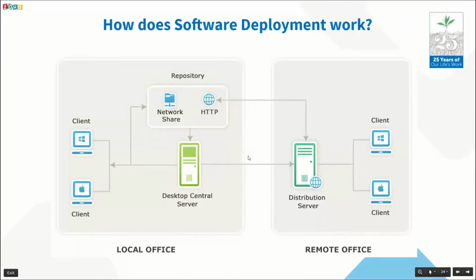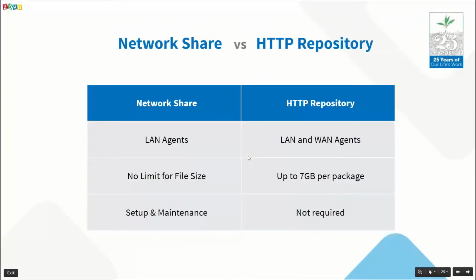Now, here's a quick difference as to why we have two types of repositories. As I said before, your network share repository can be used only by your local area agents, your LAN agents, whereas your HTTP repository can be accessed by all your LAN, WAN, and roaming users. When you have a package in your network share repository, there is no limit for the file size maintained.